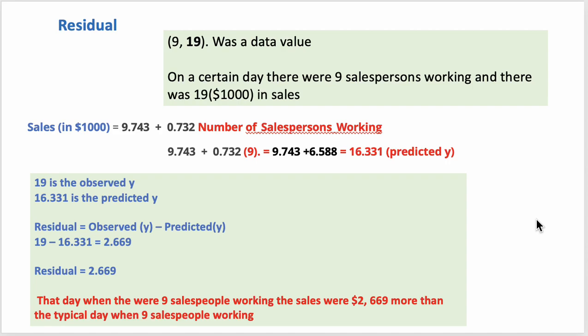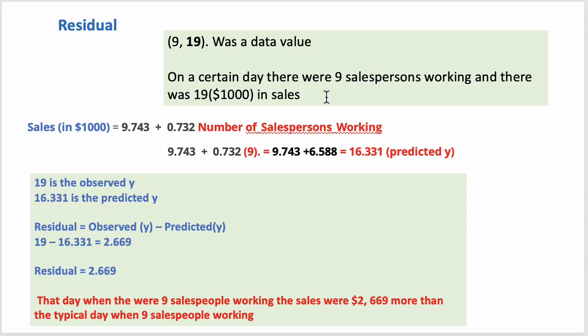Let's compute a residual. The thought is it's observed y minus predicted y. Here's the observed y value for the data point we decided to focus on. On that certain day, there were 9 salespersons working, and there were $19,000 worth of sales.